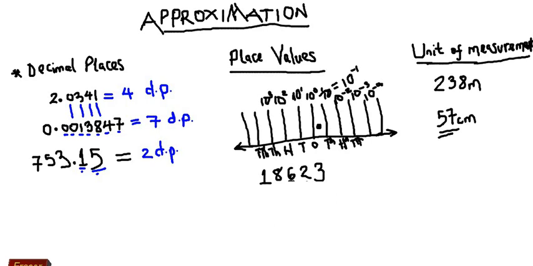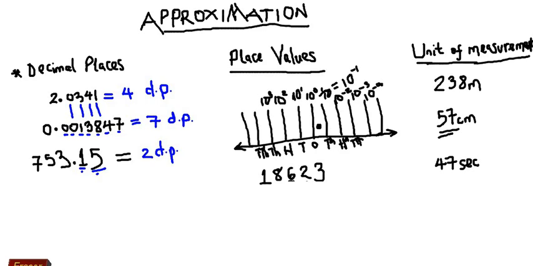Or we can, for example, count maybe 47 seconds. Maybe we are counting time and we say we have 47 seconds. So we can require that we round off 47 seconds maybe to the nearest minute or to the nearest 10 seconds. So all those, it means we are trying to find the simplest way that we can estimate or approximate our unit of measurement of time.